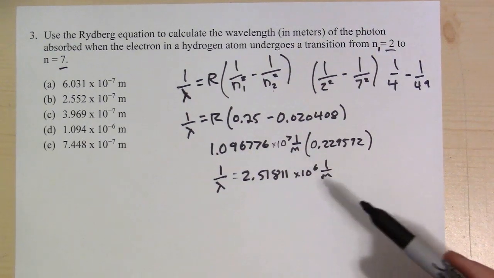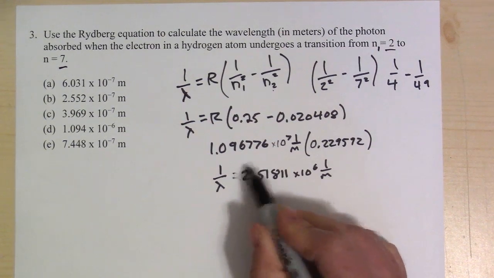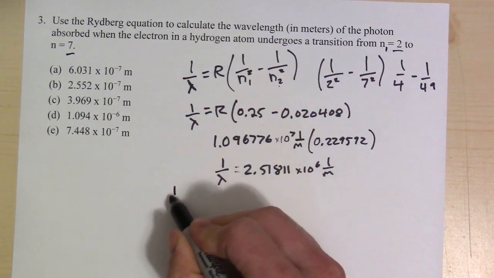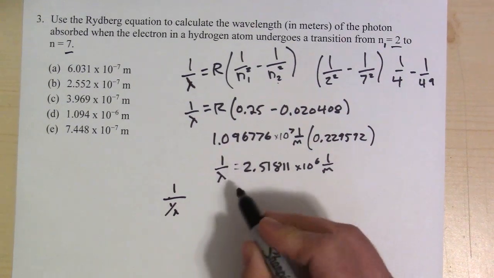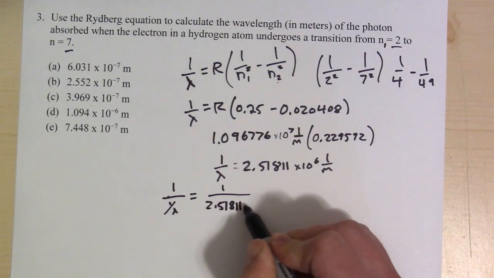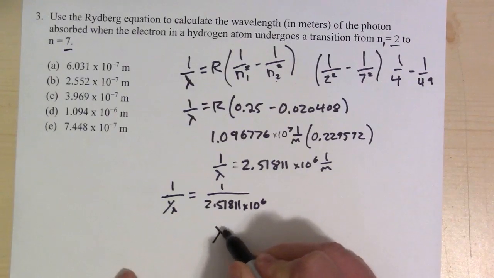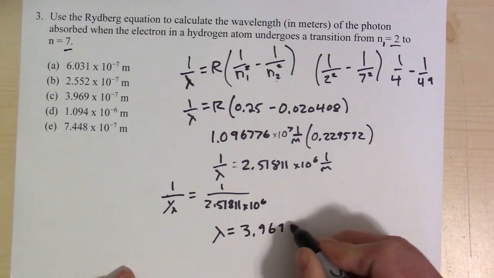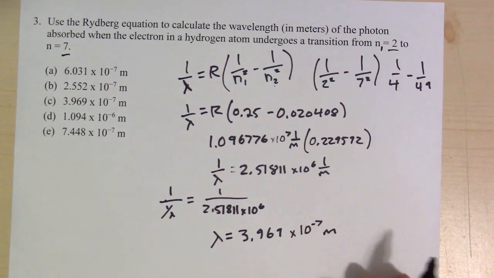So if we take the inverse of both sides, so dividing 1 by this number and dividing this side by 1 as well, so 1 over lambda is equal to 1 over the right side of the equation. So that'll give us lambda is equal to 3.969 times 10 to the negative 7th meters.